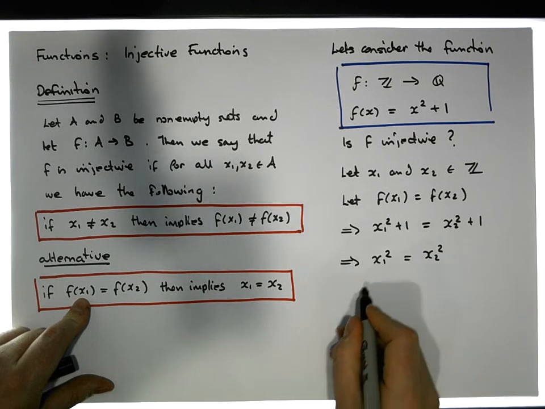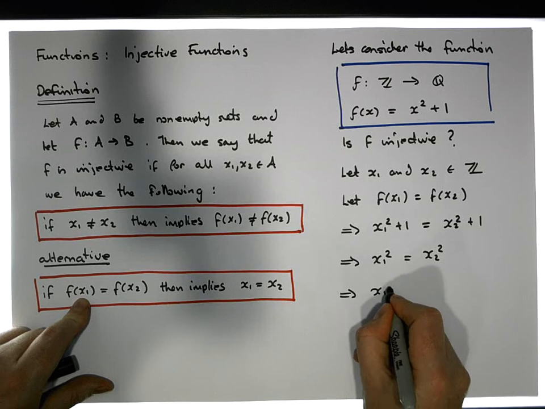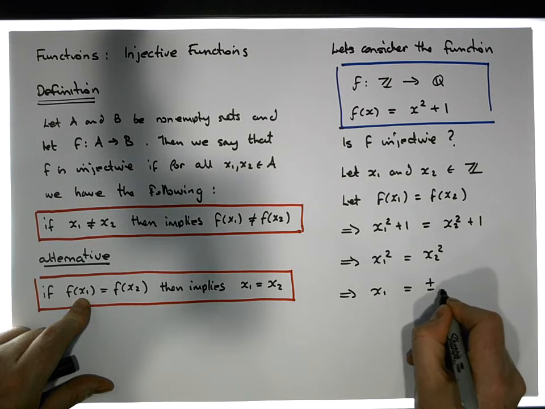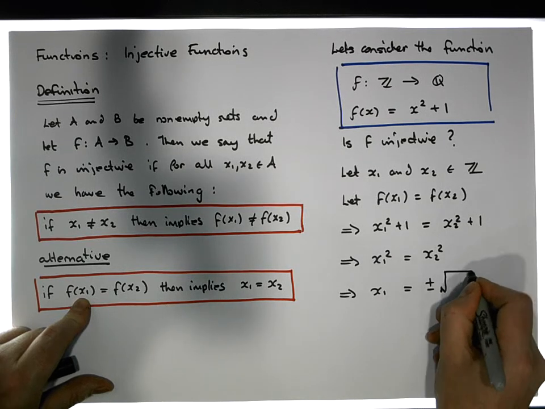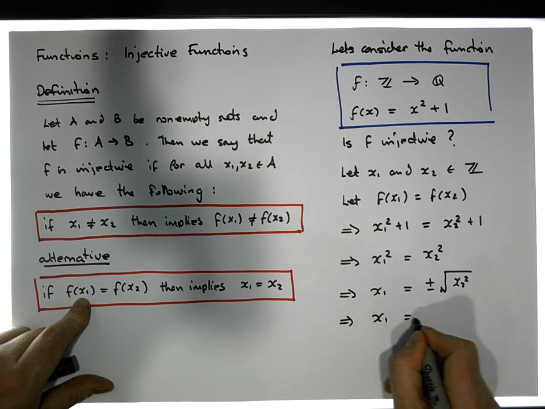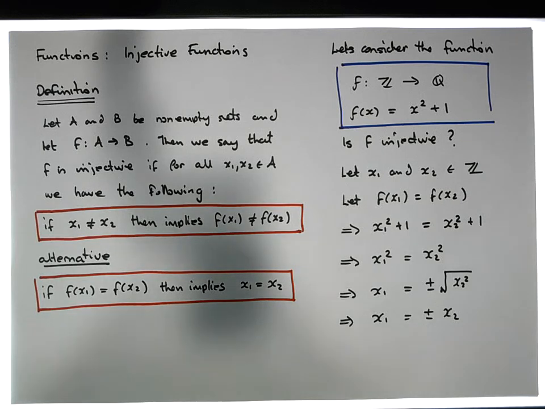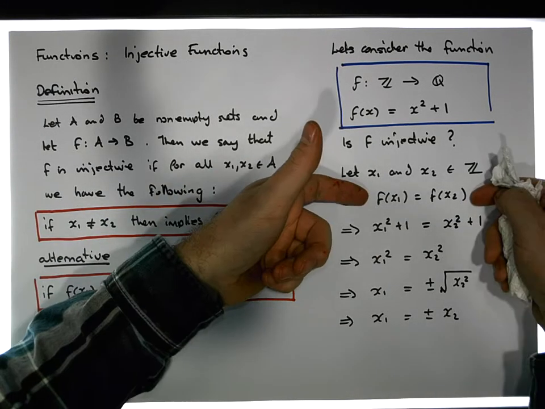Now, if we take the square root of both sides, this implies that x1 must be equal to plus or minus the square root of x2 squared, which implies that x1 must be equal to plus or minus x2. So really what we're saying here is that there are two possible x values that will give us equality here.